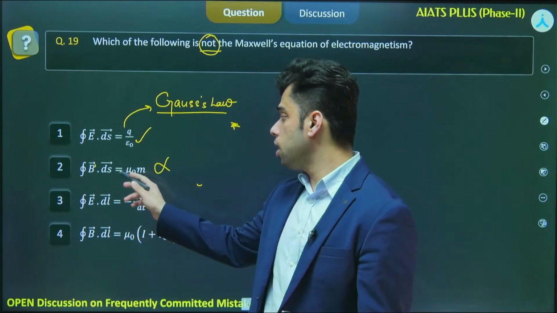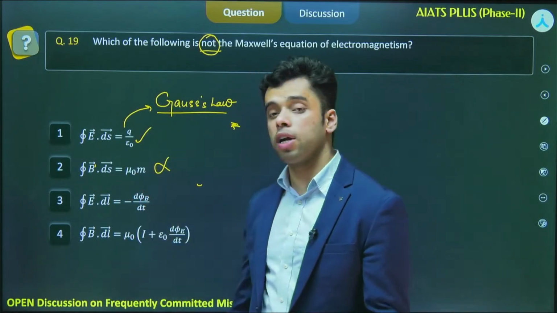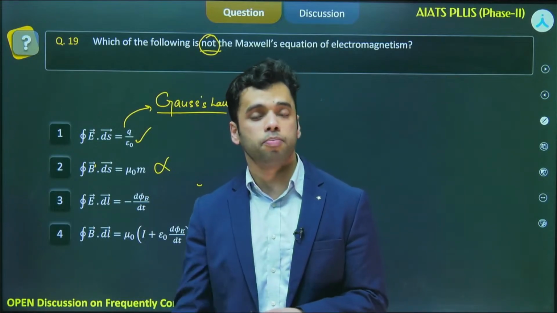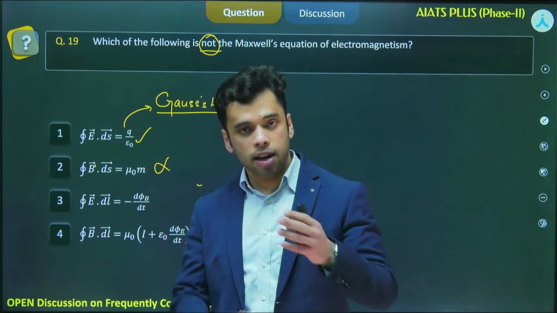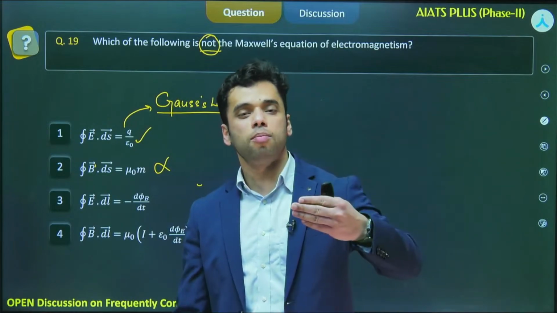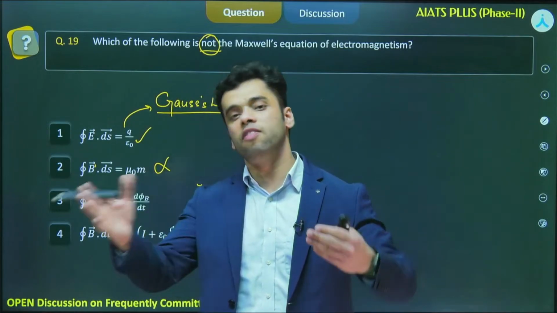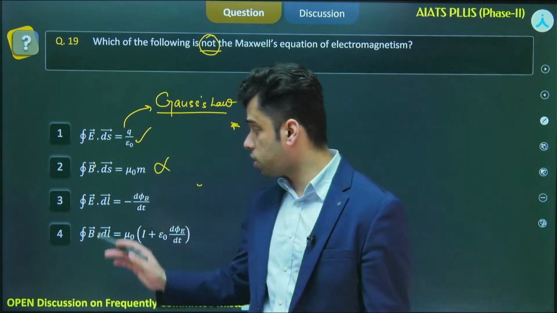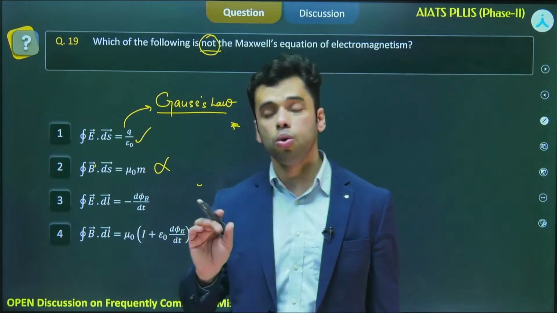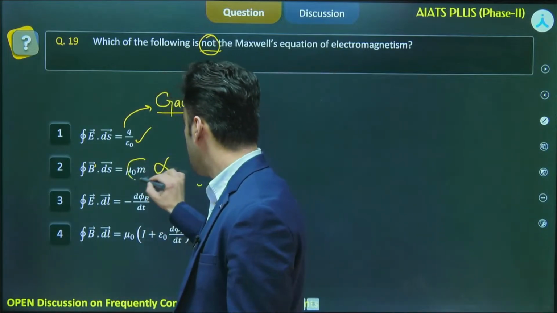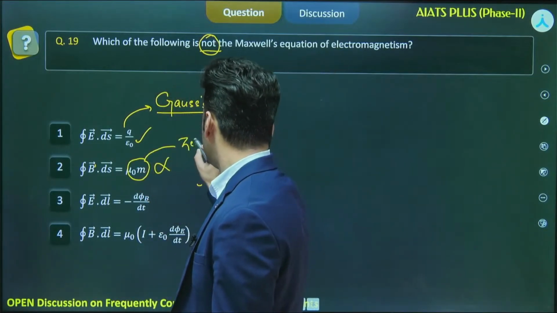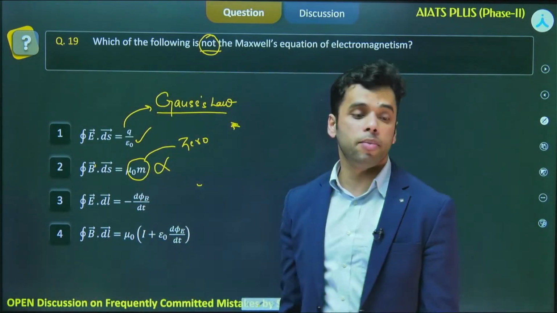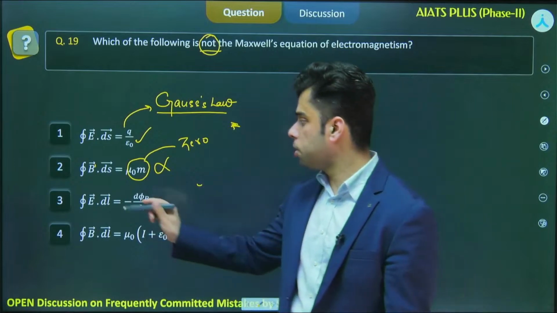So B dot ds equal to mu naught m is a perfectly wrong statement, because magnetic monopoles don't exist. Or you can understand it as the number of field lines entering must be equal to the field lines leaving, because the magnetic field forms continuous closed curves. So this one is wrong. B dot ds should be equal to 0. Had it been equal to 0, this equation would have been correct, but in this case mu naught m is perfectly wrong, and it should be the correct answer.